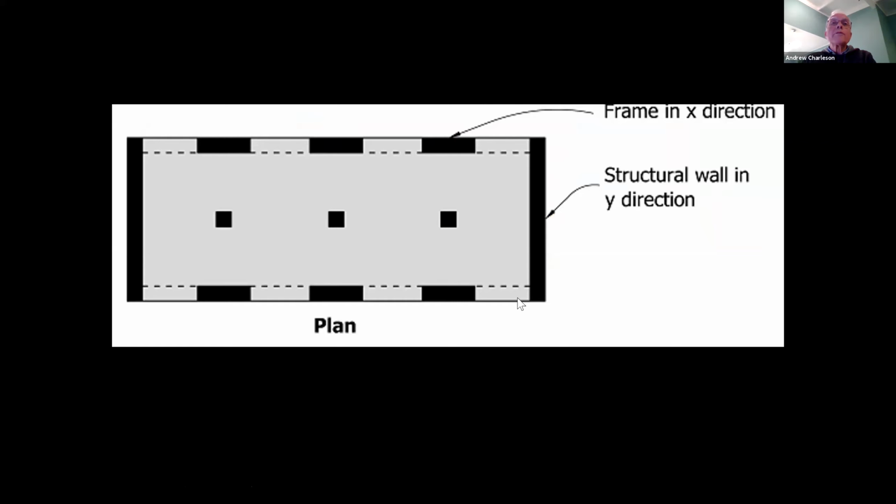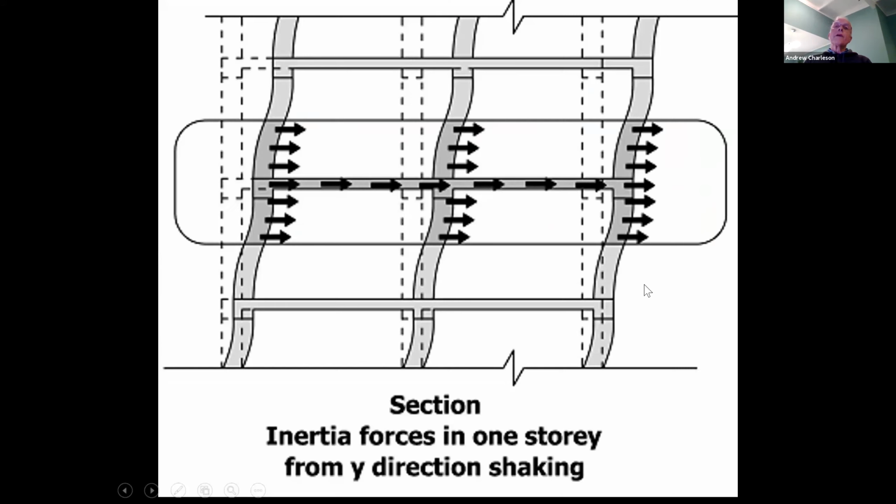We're going to look at this building. This is a plan view. In the Y direction, we've got two structural walls. And in the X direction, we've got a 2-bay moment frame there and a 2-bay moment frame there. The column depths are rather exaggerated. Now, during an earthquake, these are the inertia forces that occur during the shaking.